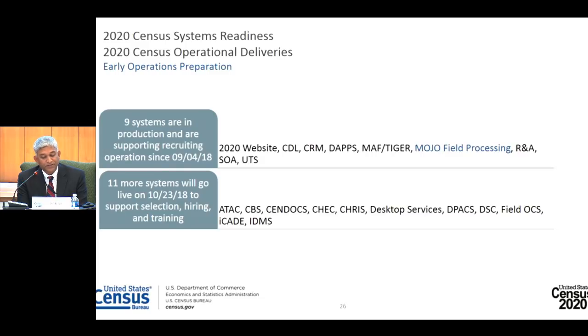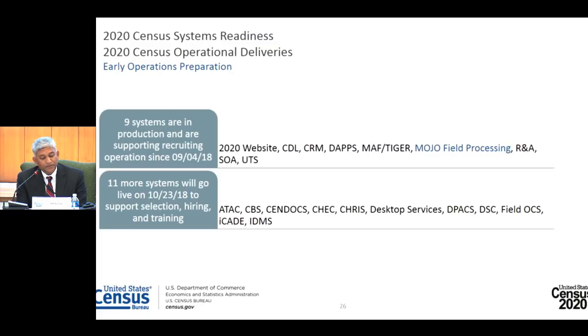Those systems are shown in the second row. What I'm demonstrating here is that although the go-live date for the first of the 16 operational deliveries is October 23rd, systems were released in advance of that date. This is true with some of the other operational deliveries as well.